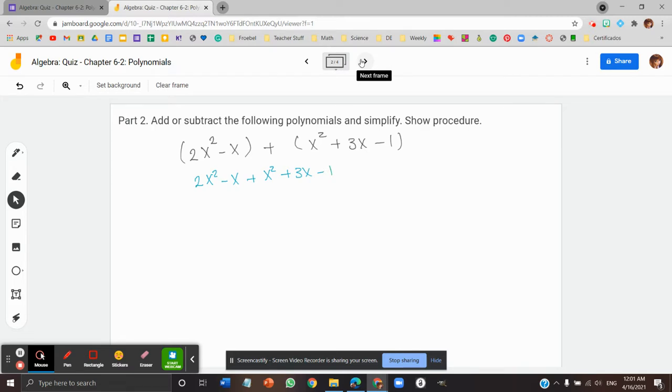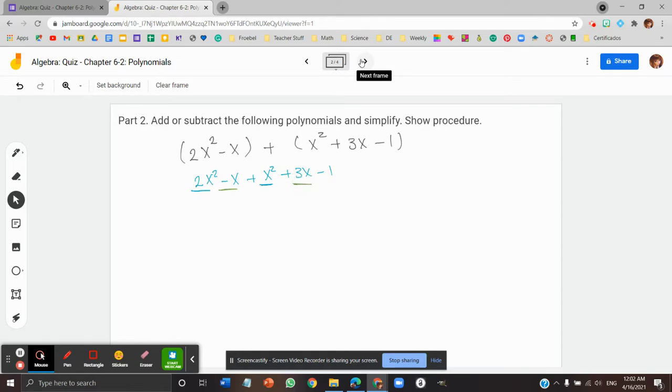Then I can rearrange for it to have all the like terms together. A like term is a combination of variables and exponents that are the same. This one and this one are like terms, and this one and this one are like terms.